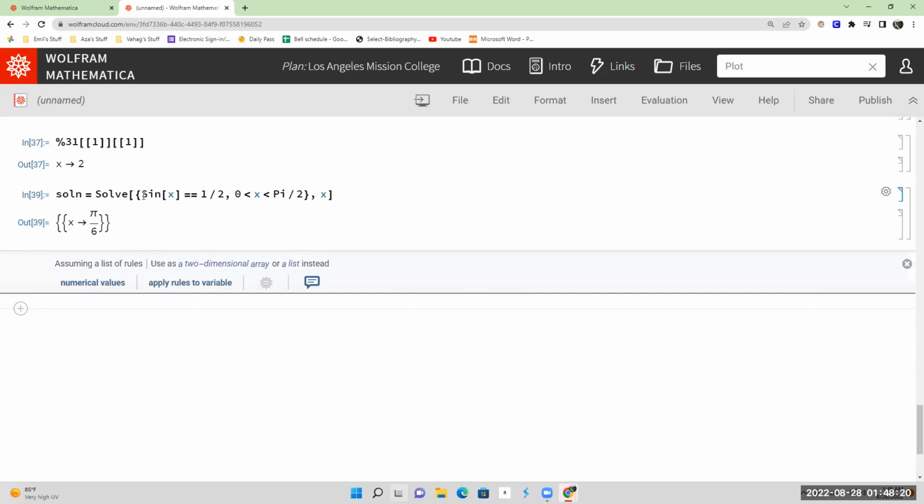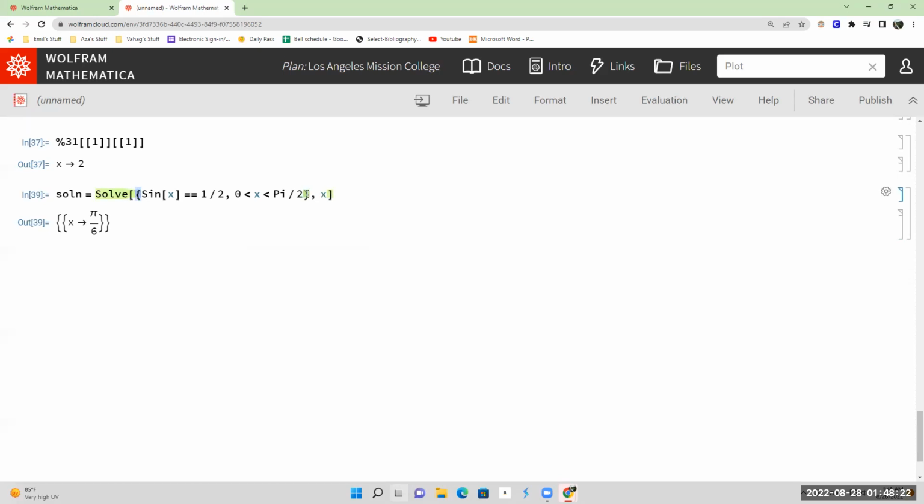Notice that I have entered this inside curly braces. Instead of entering one equation, since I'm entering an inequality, so to speak, to restrict my solutions, I had to enter this in curly braces. Now let's say I want to take this pi over 6 and plug it into some other expression I have. Let's say I have an expression like x plus 3, and I want to plug in pi over 6 for x. Well, this right here is already an evaluator.